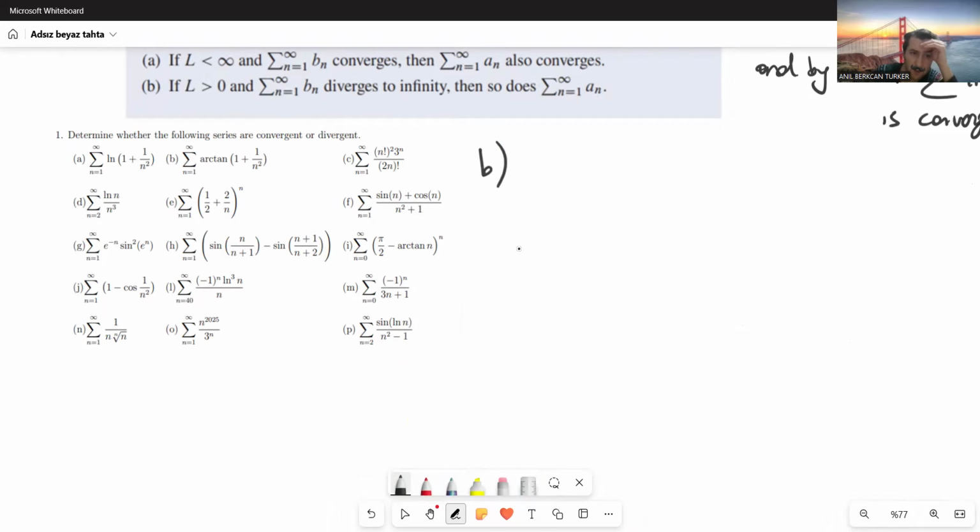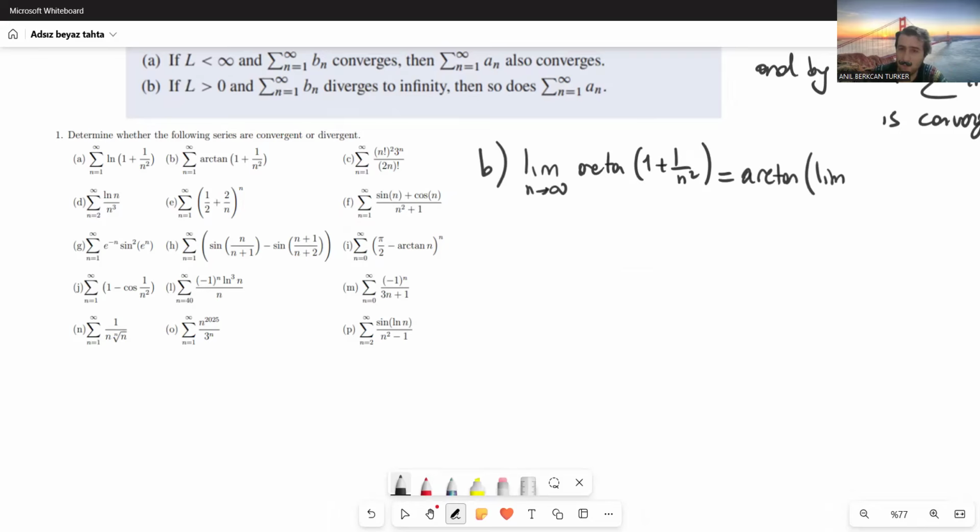So take the limit of the general term immediately. That's your first thing when dealing with series. So the limit as n goes to infinity of arctan(1 + 1/n squared). But you can see that this is a continuous function, so you can interchange it with the limit, because I know that the limit exists.